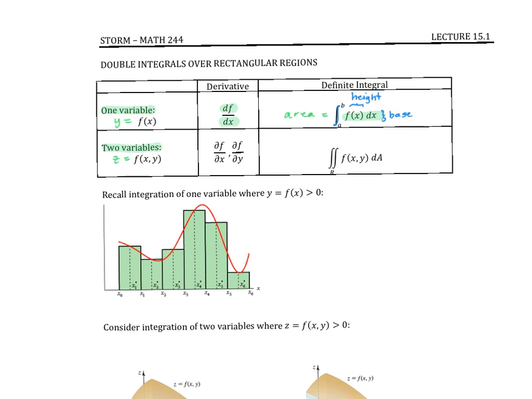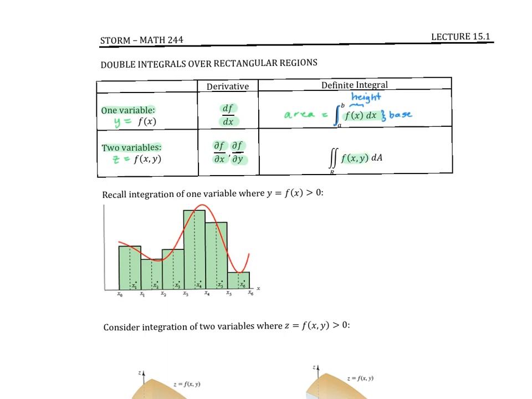So you have a choice. You can look at what's called a partial derivative of the function with respect to either the variable x, or you can look at a partial derivative with respect to the variable y. Well, the same thing's going to happen when you integrate a function of two variables.